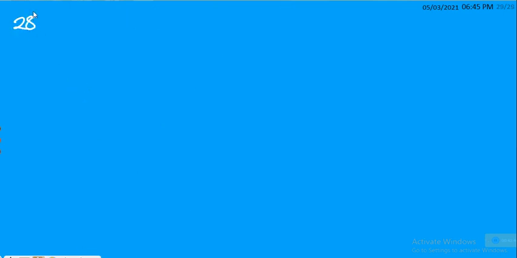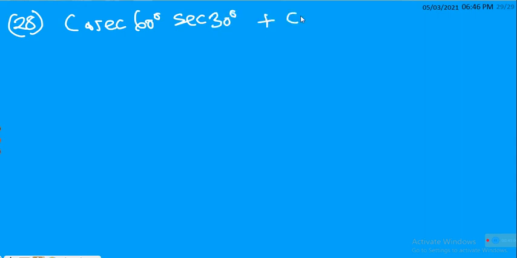And for 28, we have cosec 60 sec 30 plus cot 45 degree. Okay, so simplifying this, of course you know that sine 60 is root 3 over 2, so cosec 60 will be 2 over root 3 multiplied by sec 30.